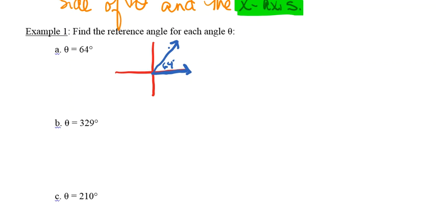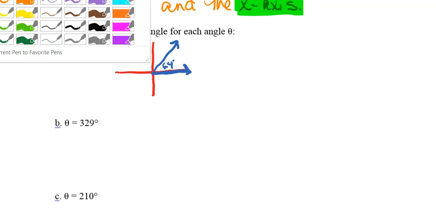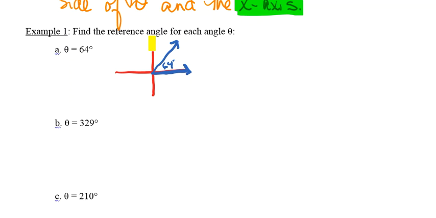The reference angle is simply the angle that is created between my terminal side and the x-axis. In this case, that angle created between the terminal side and the x-axis is the angle itself. So the answer to my question, find the reference angle, is 64 degrees.